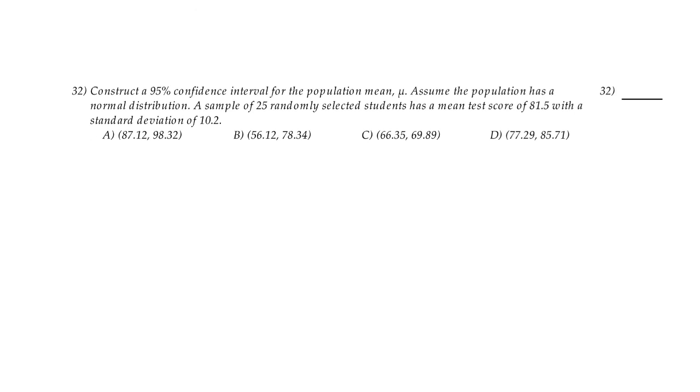All right, construct a 95% confidence interval for the population mean. The population has a normal distribution. The sample of 25, n is 25, has a mean and a standard deviation. So that's coming from the sample. They're telling me x bar is 81.5, and they're telling me s, because it came from the sample, is 10.2.